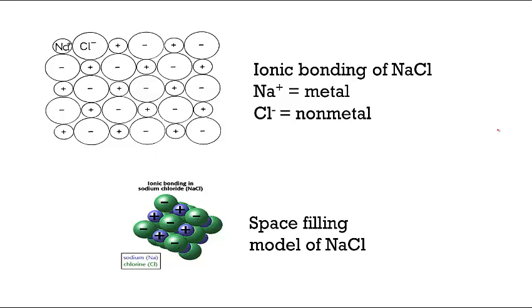So there's no individual bonds between ions. We'll usually not refer to ionic bonds. We'll refer to ionic bonding because there's always going to be alternating positive and negative charge in the crystal structure.